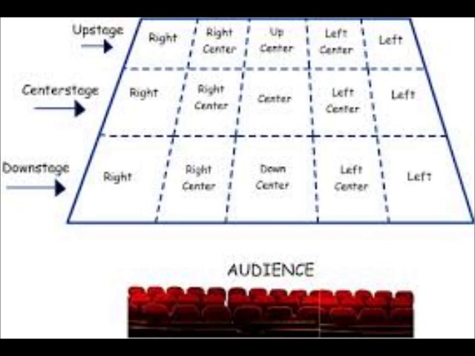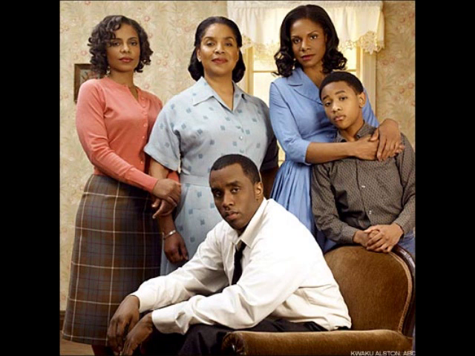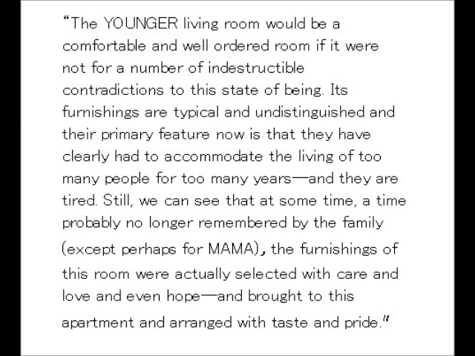So looking next at our text, the name of the family in A Raisin in the Sun is the Younger family. And the text starts with this big block of text, which obviously would be pretty overwhelming to 9th graders.